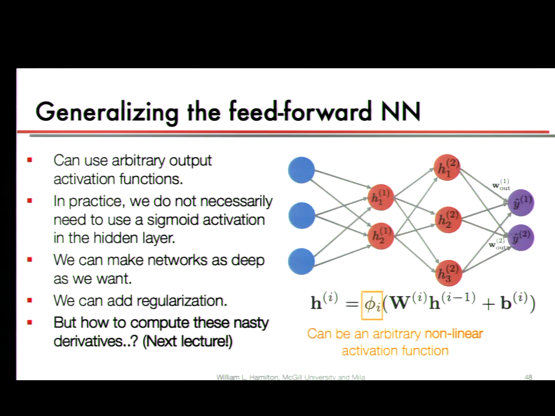Historically, people used sigmoid because it was easy to take derivatives of by hand. But next lecture, we're going to introduce an automated way to take derivatives for us, so we can start throwing in all kinds of crazy things. We can also make networks as deep as we want. We can add regularization of different types on different layers. We can do all kinds of things.